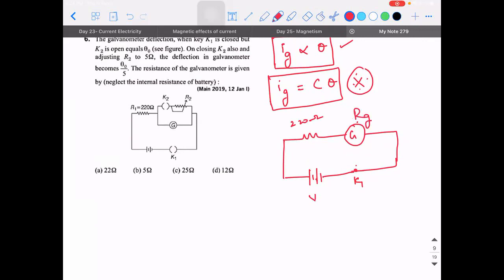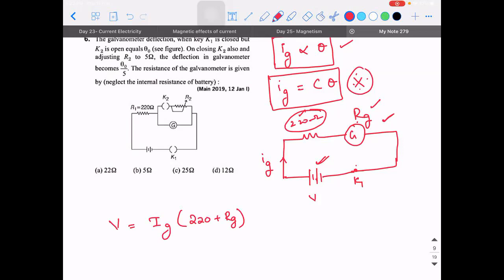Now, what should be the value of the current supplied by this battery? The current flowing through the galvanometer is Ig. Since 220 and Rg are in series, whatever current flows through the galvanometer will be the same through the 220 ohm also. So when I apply Ohm's law, V is equal to Ig into 220 plus Rg.